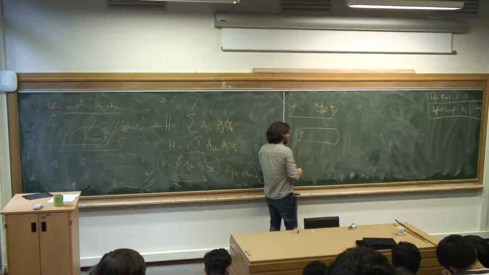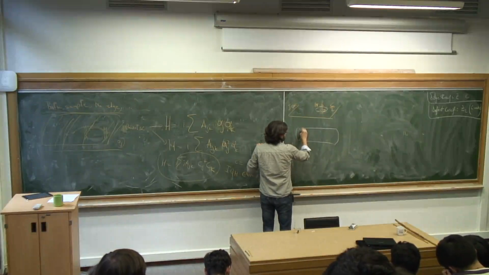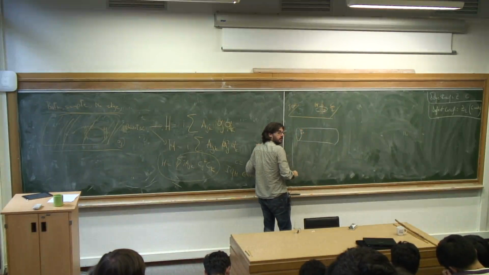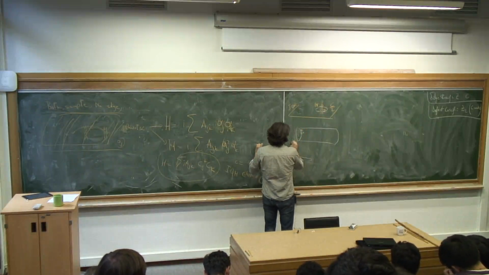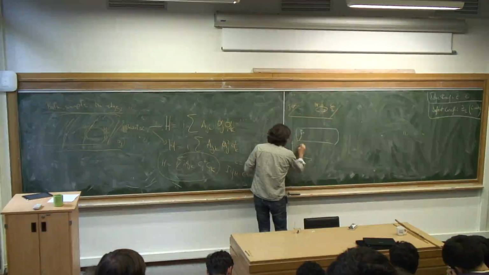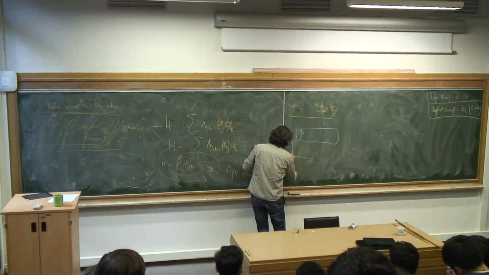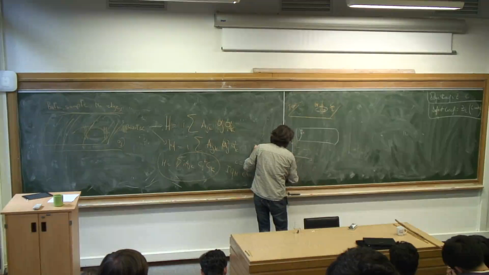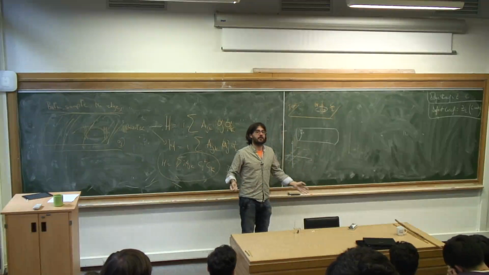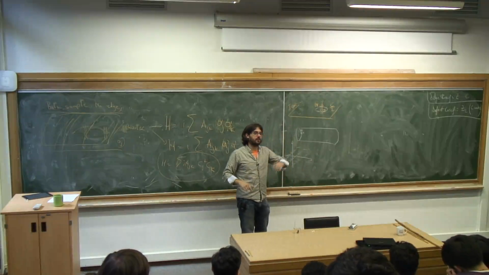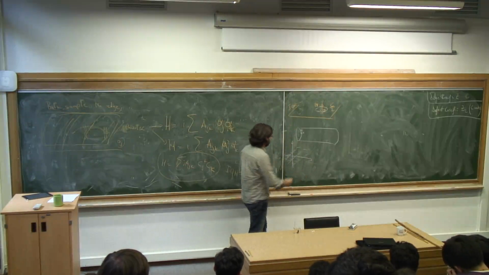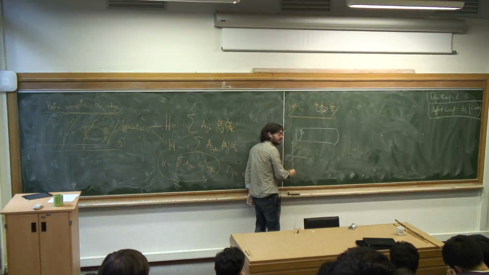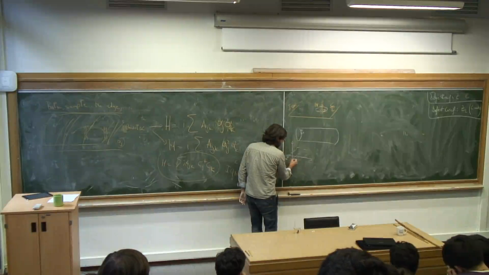Now, as a function of this momentum here, the spectrum looks like this. I've got 1 edge mode, 2 edge modes, 3 edge modes, whatever. As I thread flux from 0 to 2 pi, I have some Fermi level in my system, and these are occupied.